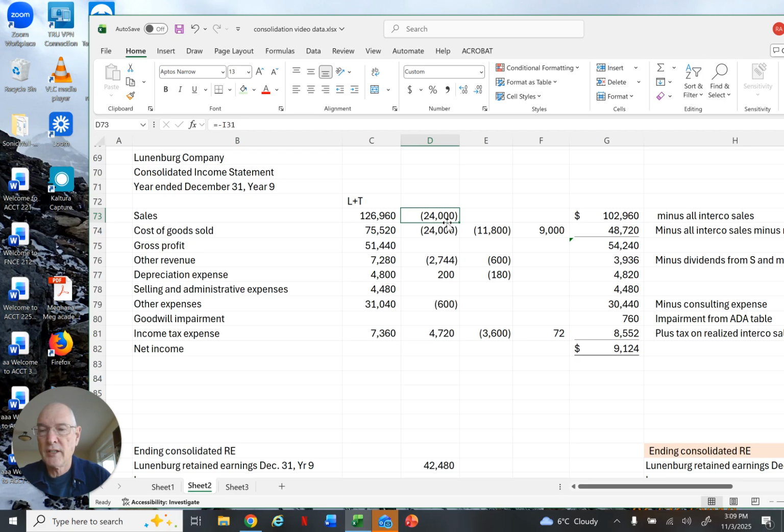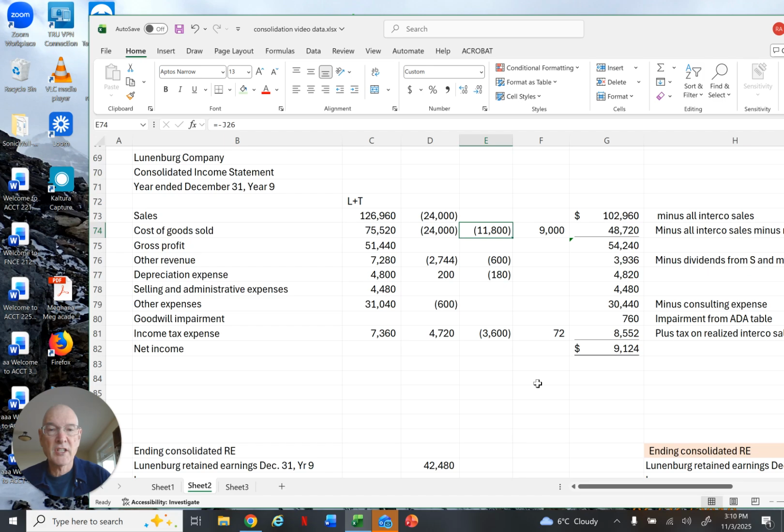Now, we had two adjustments to cost of goods sold. This 11.8 is a subtraction, notice, and keep in mind cost of goods sold is an expense. If we deduct an expense, we're actually increasing net income.